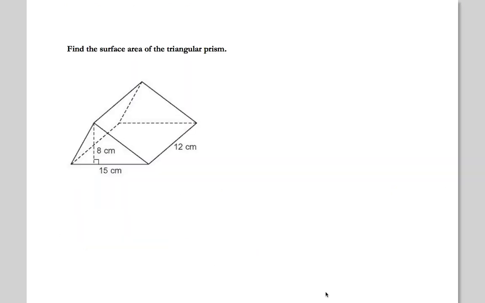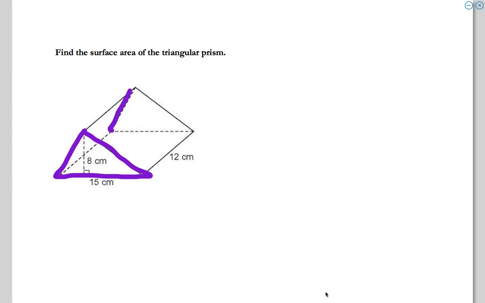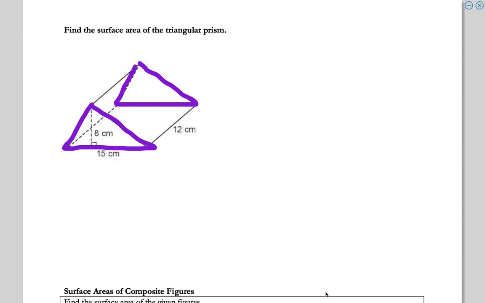Right, this is not rectangular. This is a triangular prism. The base is a triangle. So we're going to start with surface area equals lateral area plus 2B.